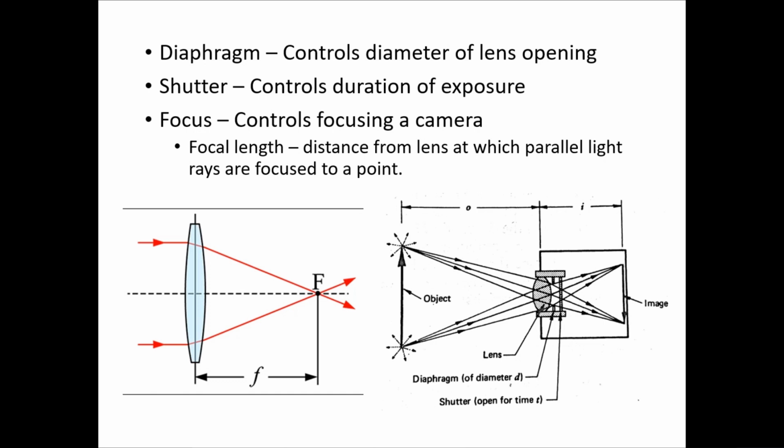You can see the parallel light rays before they touch the lens, and after that they focus to a particular point. That distance from the lens at which parallel light rays are focused to a point is called the focal length.